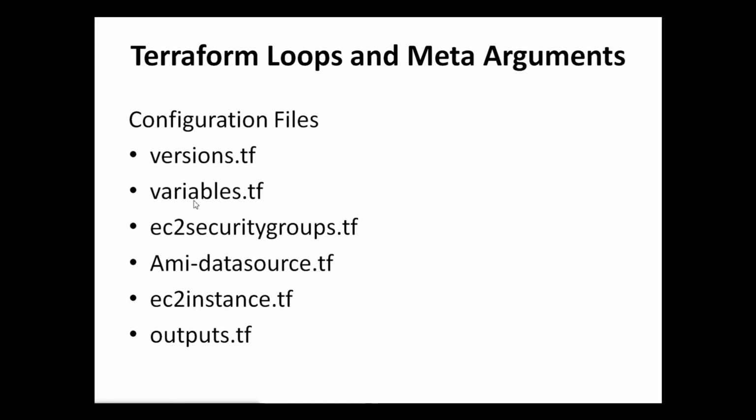For variables.tf, we will be making some changes. For EC2 security groups and the AMI data source, there won't be any changes, and for EC2 instance and outputs, we will be making changes. So in general, there won't be any changes in versions.tf, EC2 security groups, and the AMI data source configuration file. So let us move to Visual Studio Code now.